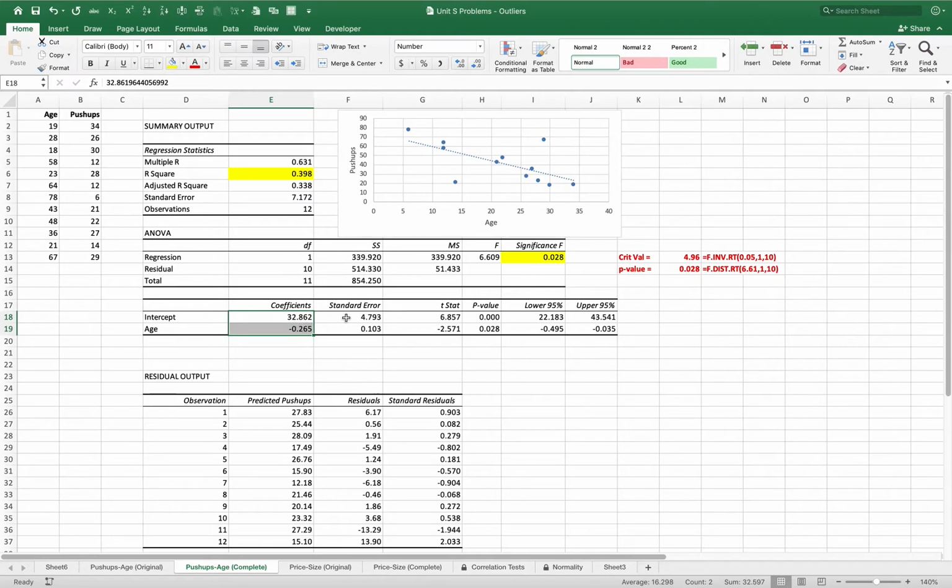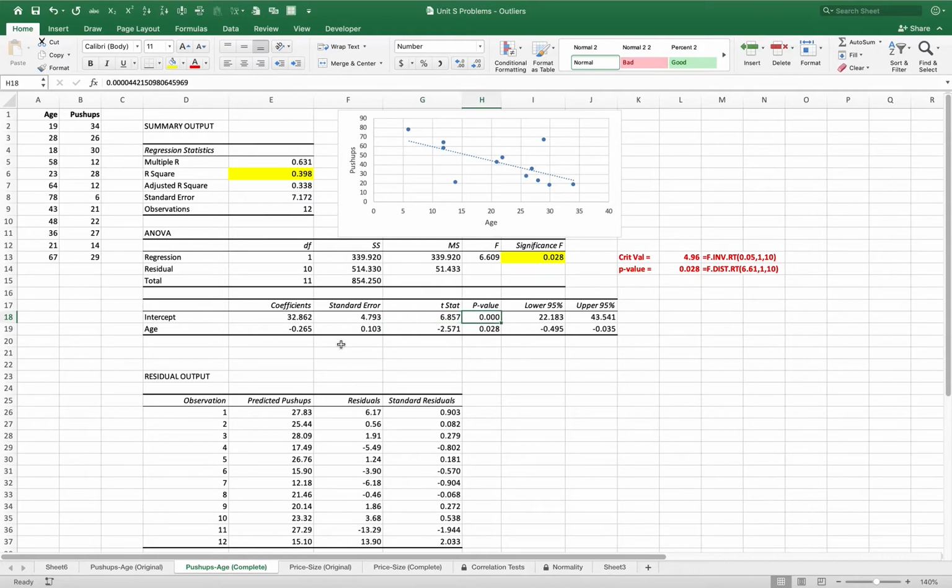And so those are the B naught and the B1 values. Here's the SB naught and the SB1 values, which I'll show you how to calculate by hand in the notes. So that's the standard deviation of each. Now, if you divide 32.862 by its standard error, so the B naught divided by SB naught, you'll get the T star for the intercept.